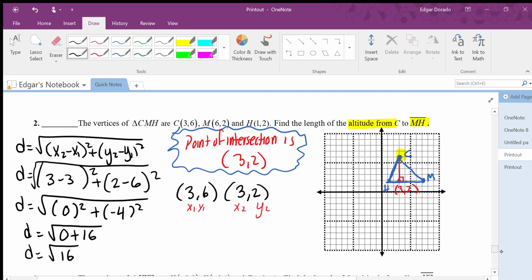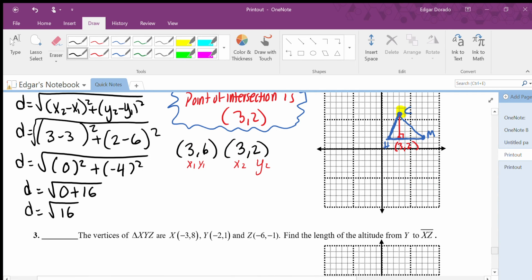D equals the square root of 16. And actually, if you guys know your perfect squares, this would just mean that D equals 4. So D equals 4.